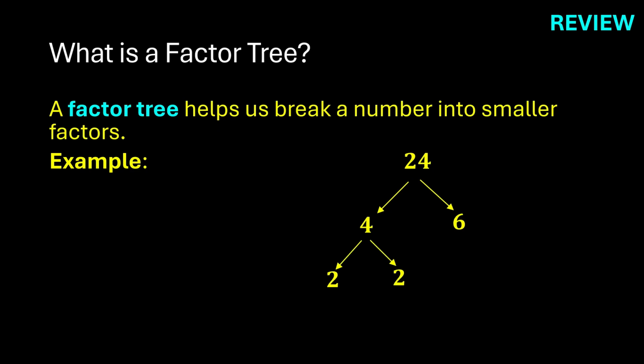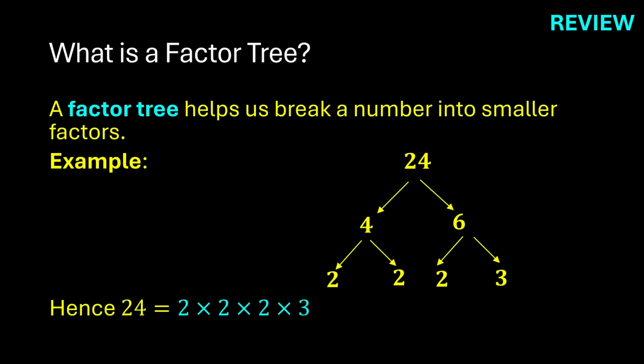Both of these numbers are prime. And 6 is equal to 2 times 3. And both of these numbers are also prime. So therefore, 24 expressed as a product of prime factors is 2 times 2 times 2 times 3, as shown here.